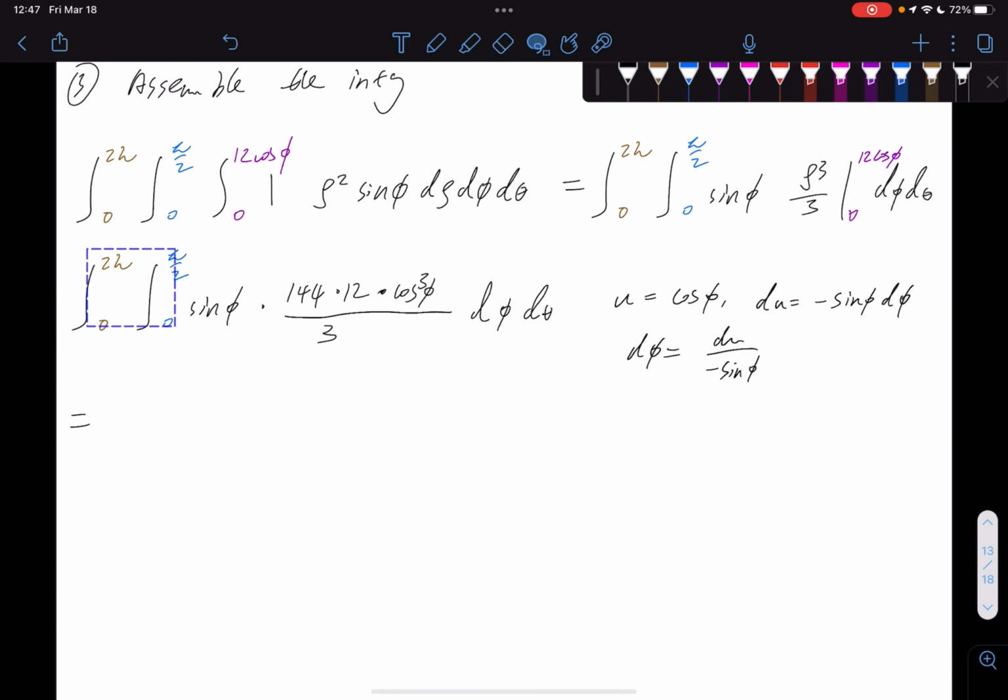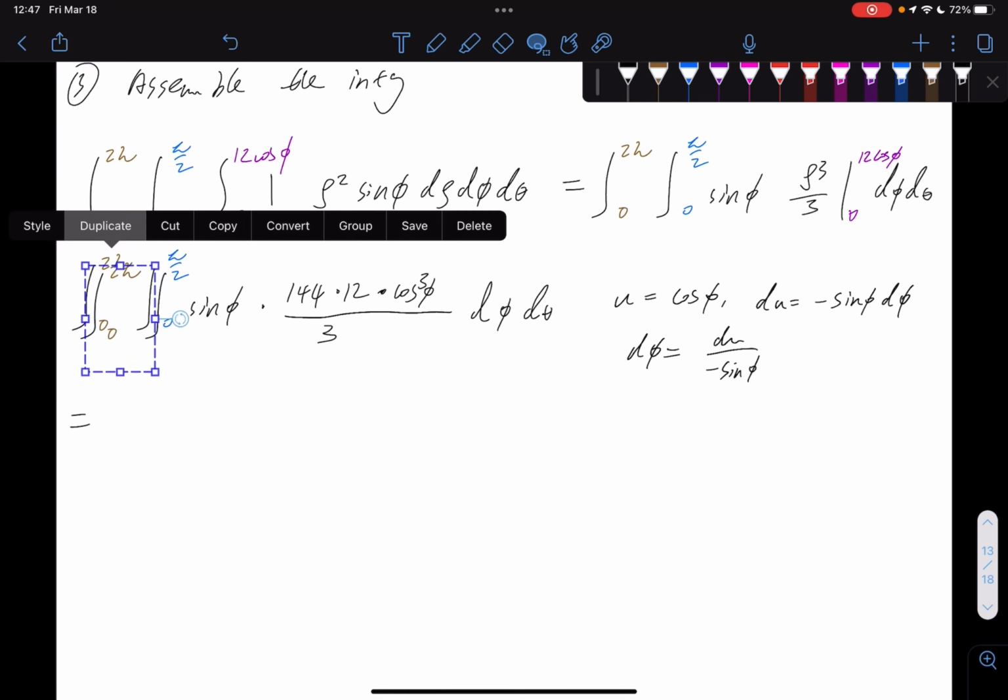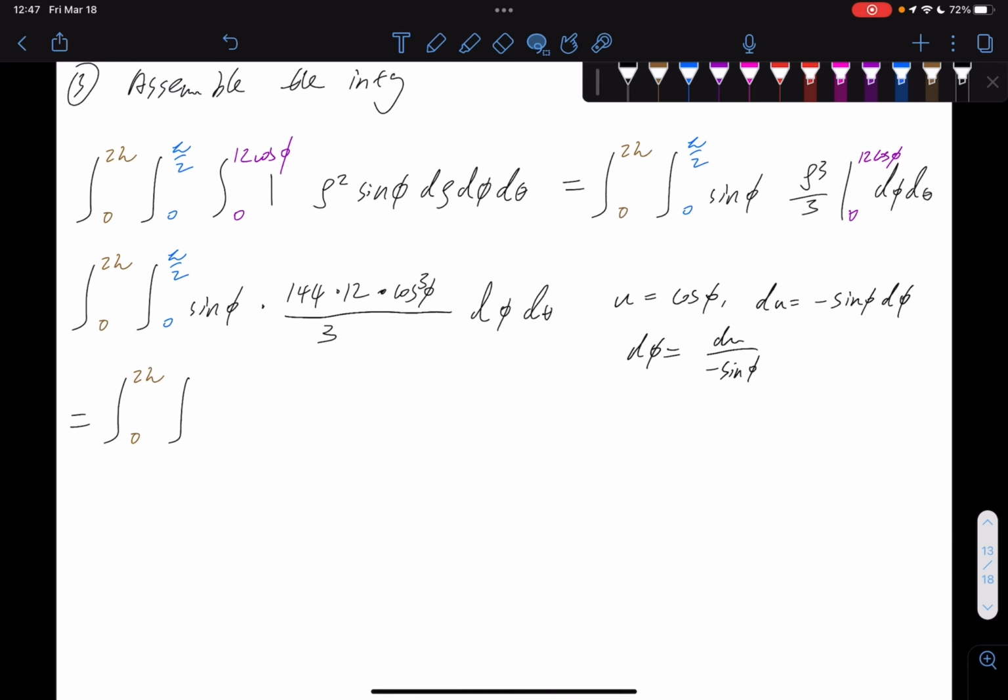Copy this down, sine phi, and I have no idea what this constant is, but it's a constant, so I'm just going to move it to the front.